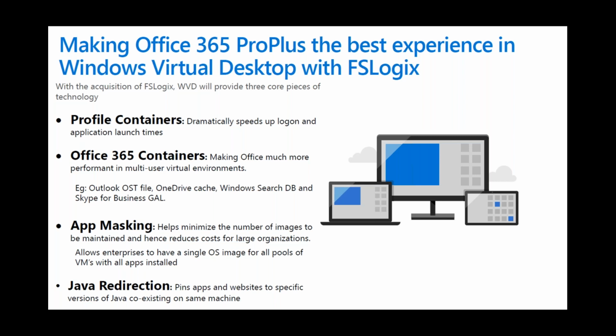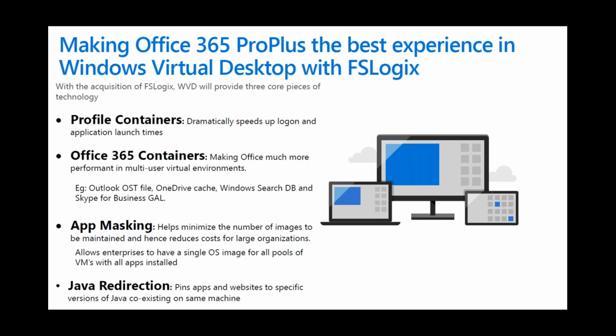What this does for applications is that the applications think that the profile is local on the machine. They think it's on the C drive of the machine the user's logged into. And that means those applications perform optimally. They think, okay, the profile is on this machine, and it just allows behavior, features and functionality to work as if that user profile is stored locally on the machine, even though it's actually not.